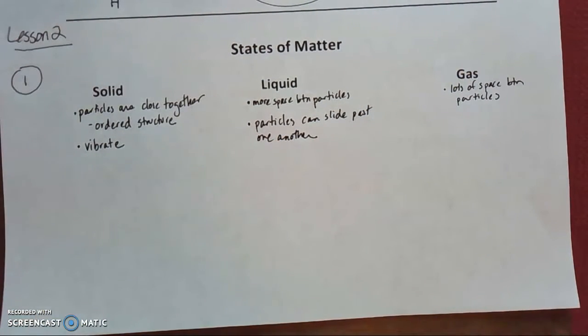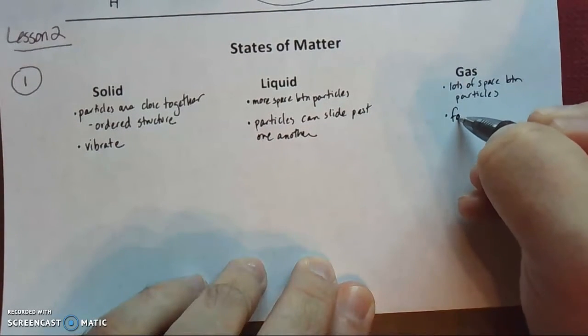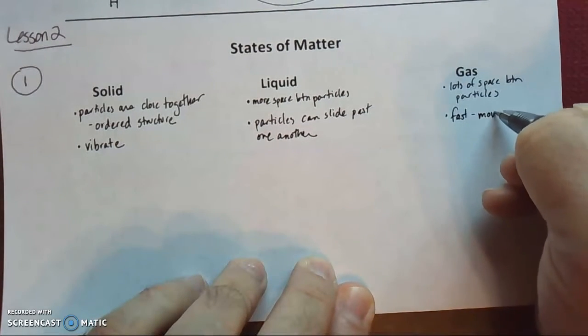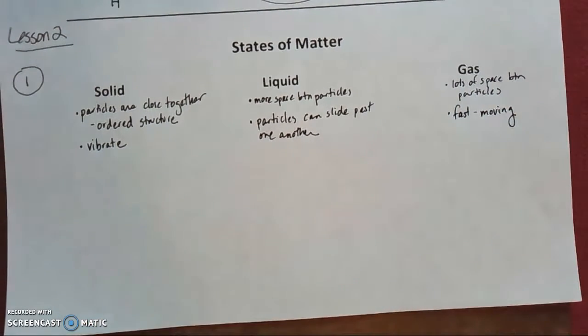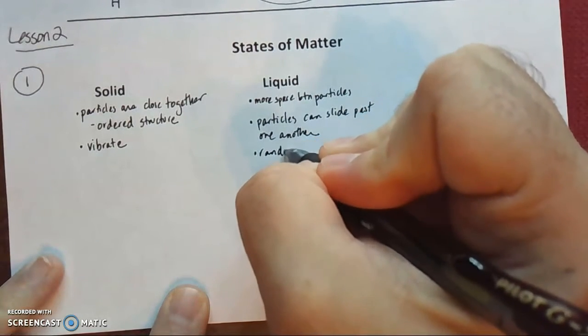If we increase the temperature even more, the molecules or particles are moving even faster, and then they can escape from the liquid phase and go into the gas phase. So these are very fast moving. Because of that, liquids and gases have random structures.